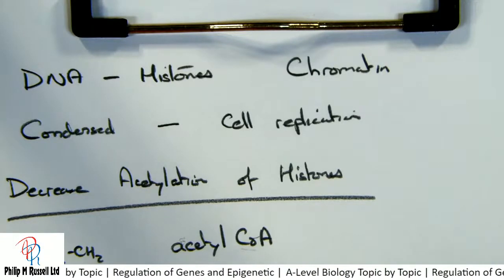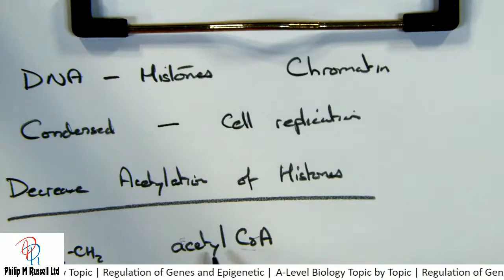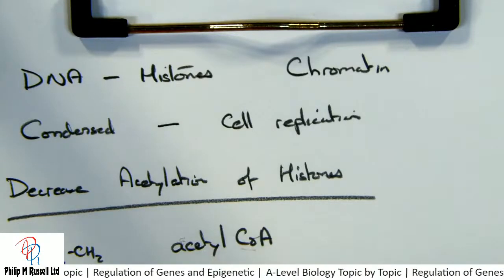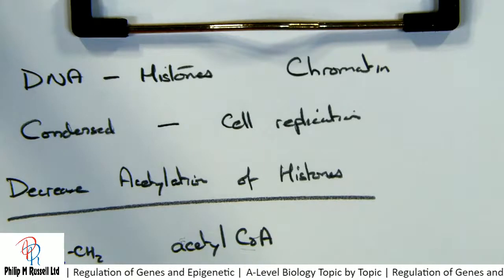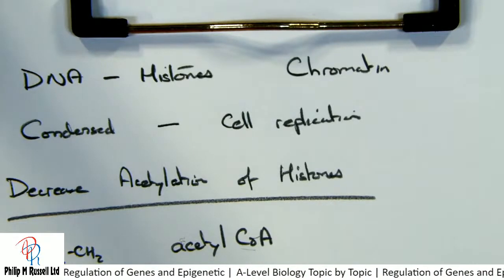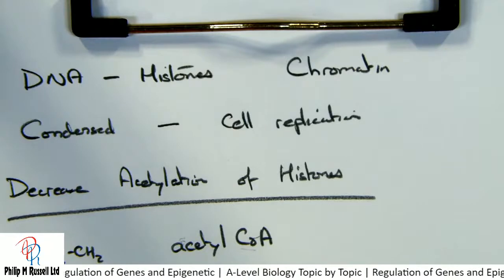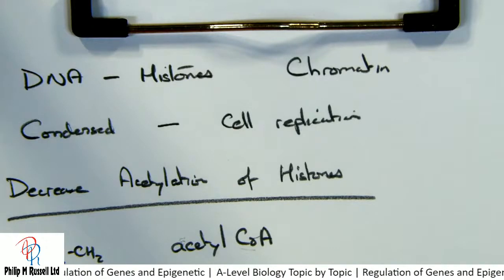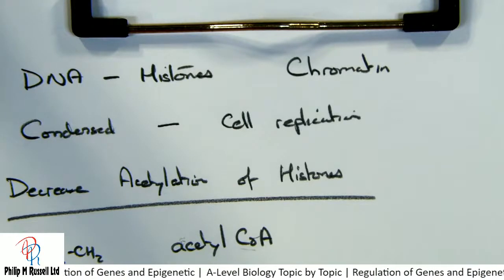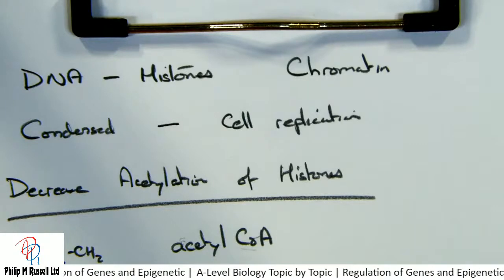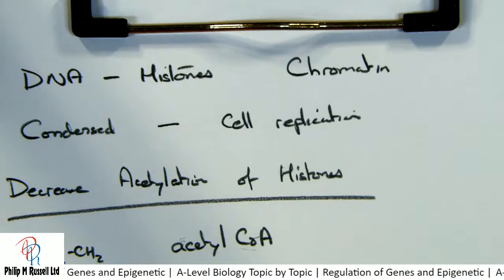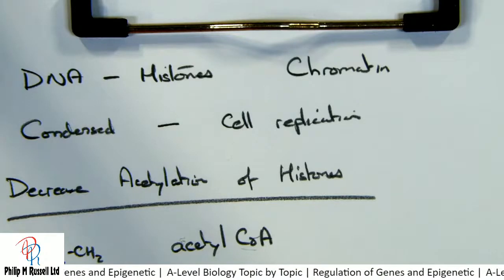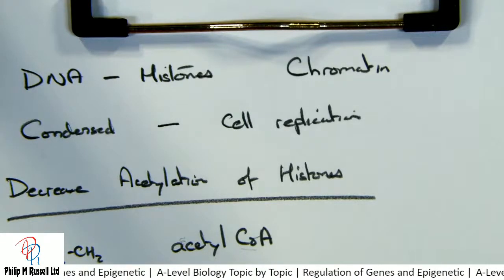Deacetylation is the reverse reaction where this acetyl group is removed from a molecule. Decreasing the acetylation increases basically the positive charges on the histones and therefore their attraction to the phosphate groups of the DNA. And we know that like charges repel, and so they're being pushed away.